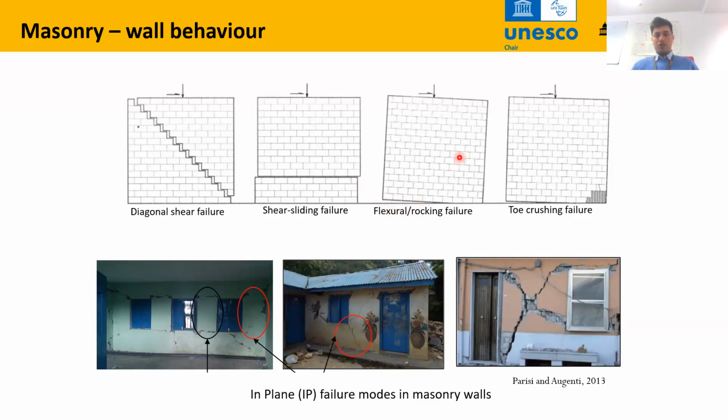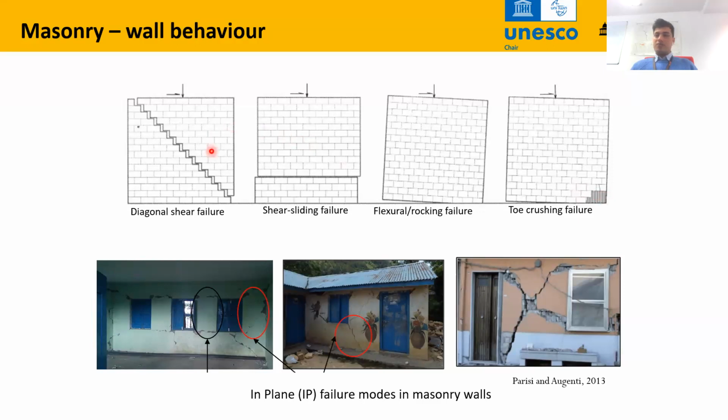Here we have flexural rocking failure, which is better than these 2 failure modes, because we have rocking behavior. There is no partial or complete collapse here. We have greater displacement capacity of the masonry. And here under combined lateral and gravity loading, we can also see two-way cracking failure, compression failure here.